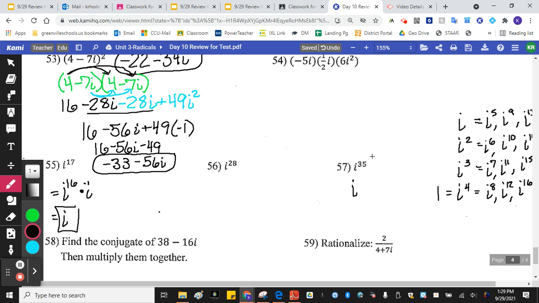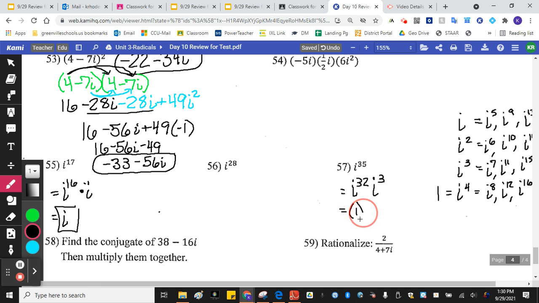35. How many times can 4 go into 35? 8. 8 times 4 is 32. Okay. How many is left over? 3. So i to the 32, since it's a multiple of 4, is 1.